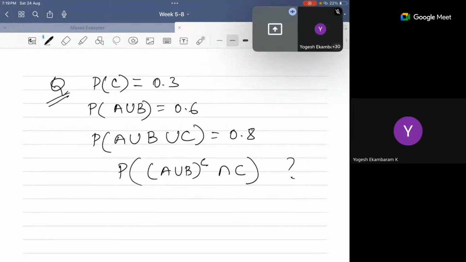Can you give me an idea how you will solve this? You don't have to use the A union B union C formula.